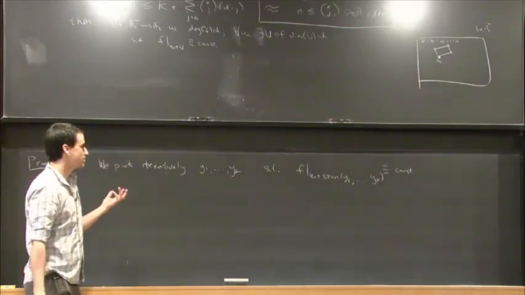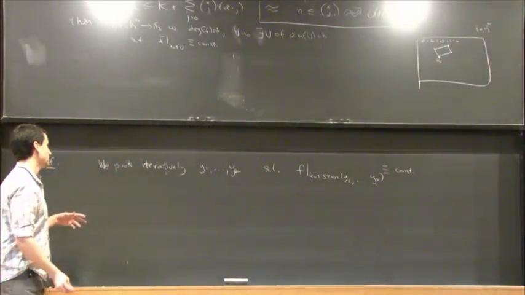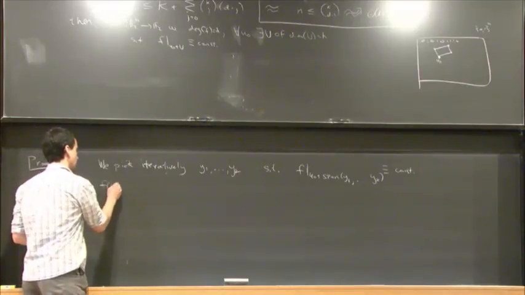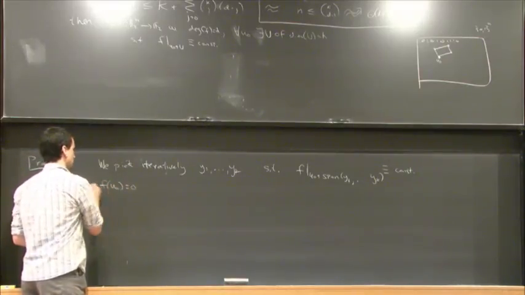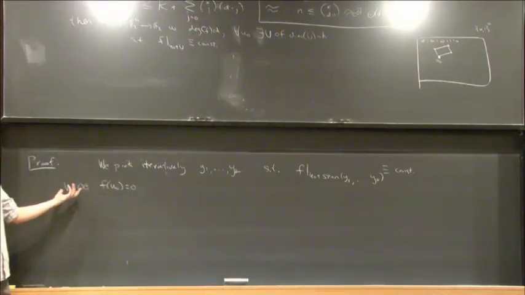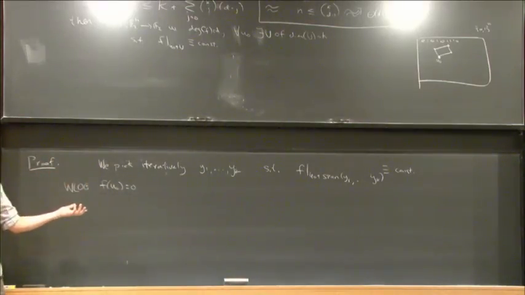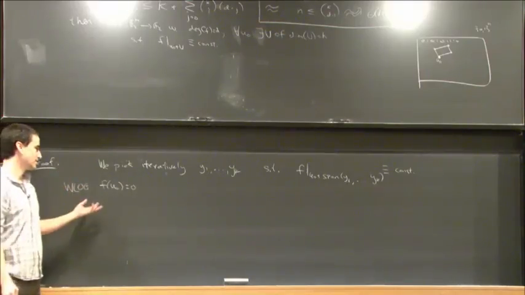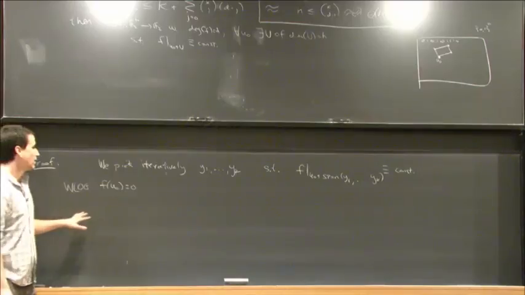And just to make notation a little bit easier, without loss of generality, let's assume that f of u0 is 0. Why is this without loss of generality? Because otherwise we can add a constant to our function and do the same analysis on the new function.